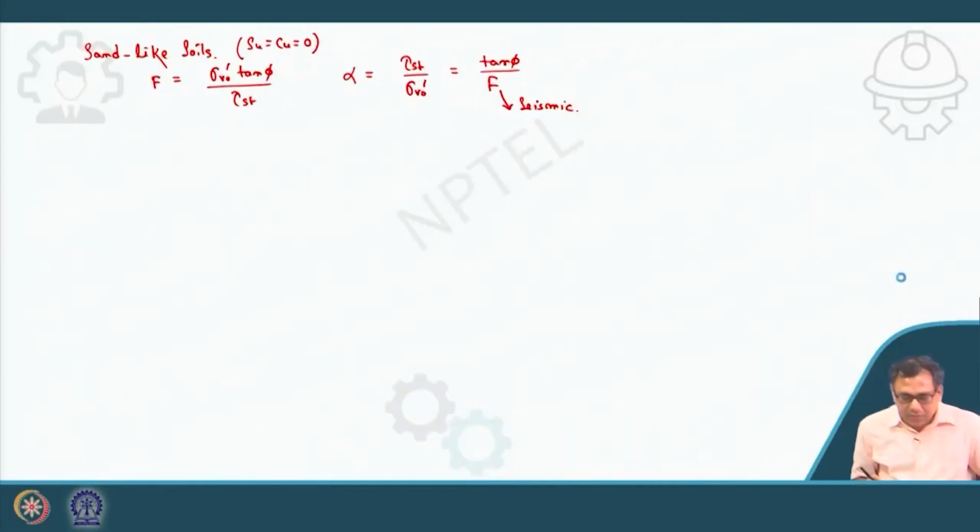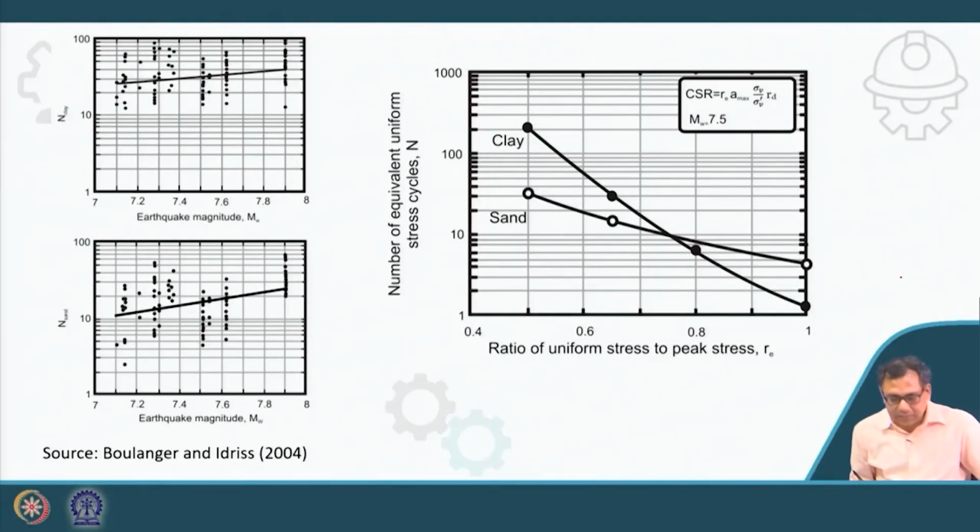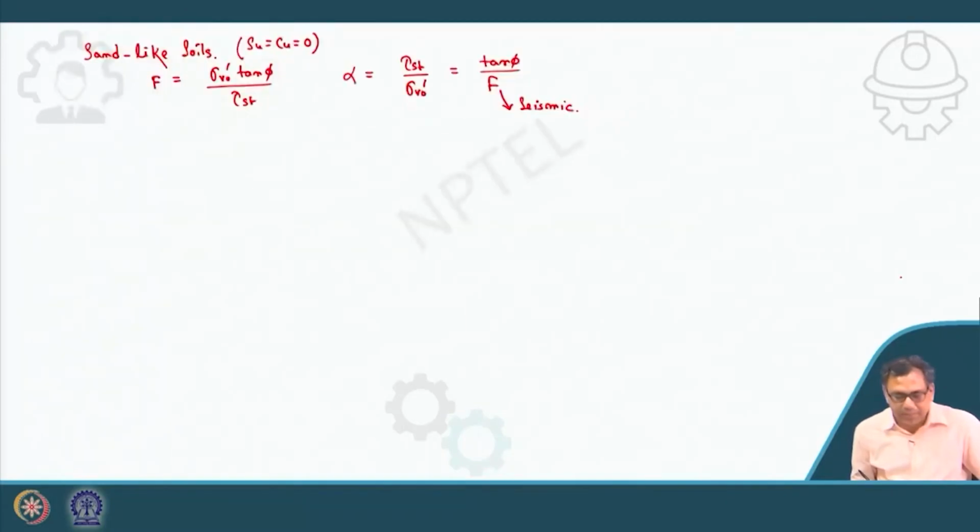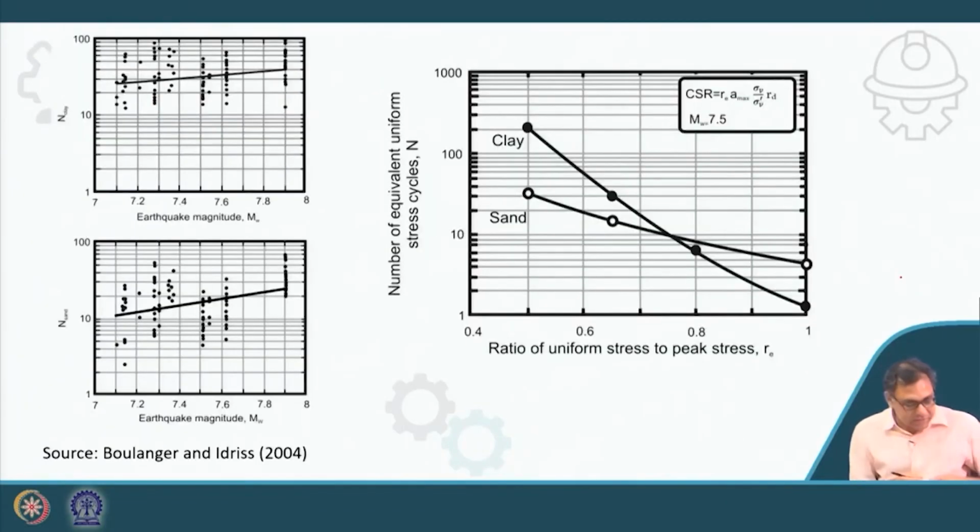Okay. So before I go to the example problem, one more piece of information I want to give. You can see these two curves. These are proposed by Boulanger and Idriss in their 2004 report.